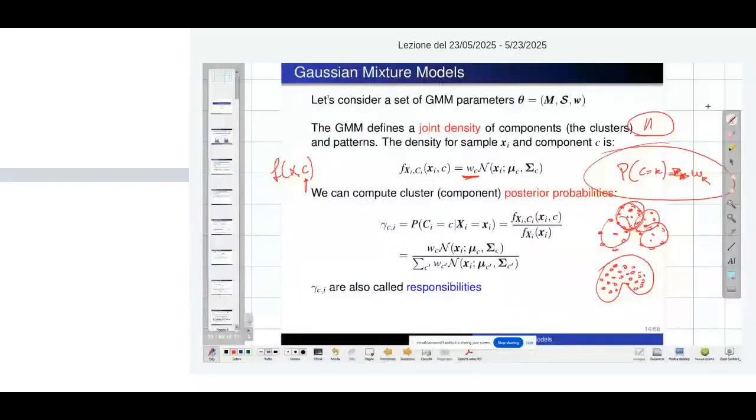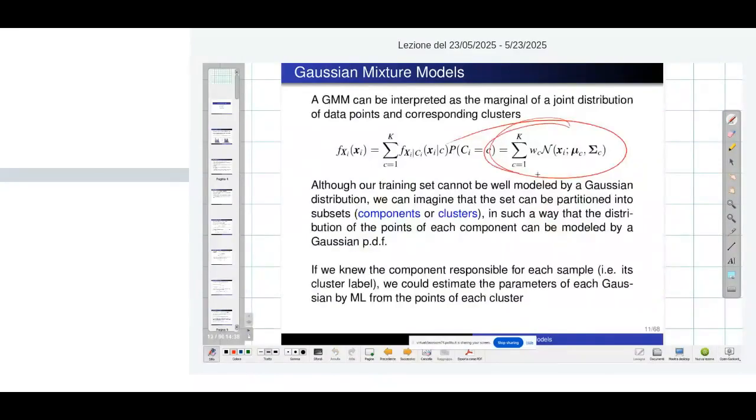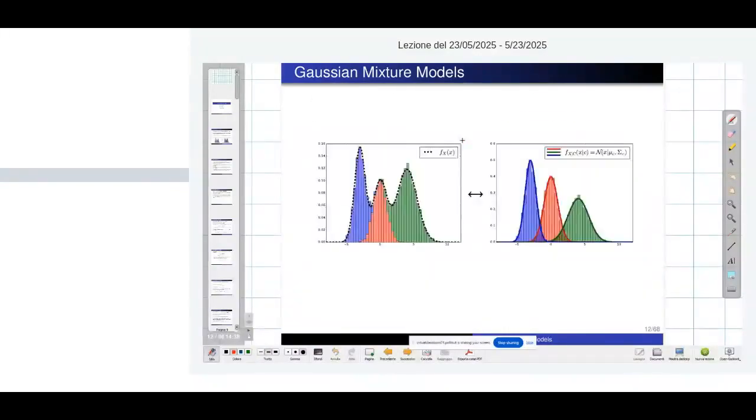Okay, as I was saying, our goal is not finding the cluster label, even if it could, if we want to perform clustering, we'll see how to do that. But our goal is to use this model to estimate the overall density, so we are interested in the marginal. But we said that directly optimizing the marginal density is feasible, but typically will not work very well.